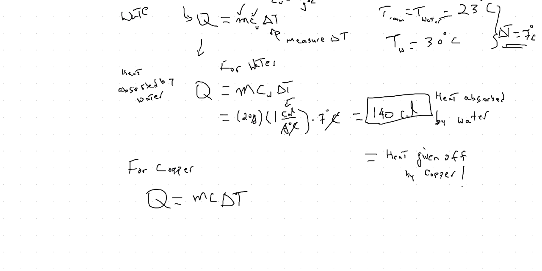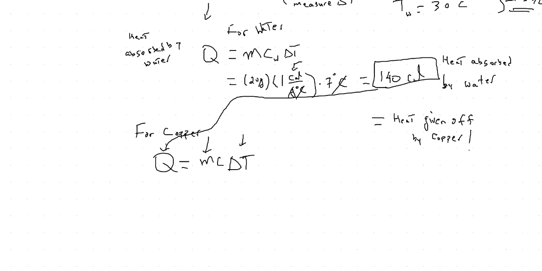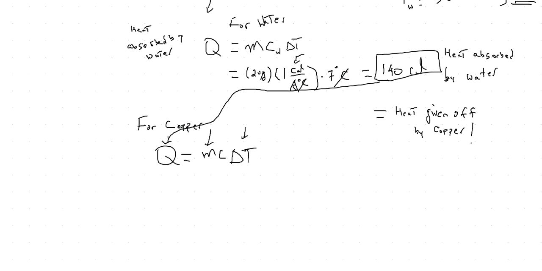And again, we know the delta T of the copper. Okay. Because we know the initial temperature. Okay. Now we know the mass of the copper. We get the mass. And we just calculated this Q. Okay. And so we would have that C is just equal to Q divided by M delta T. Okay. And this would be for copper.